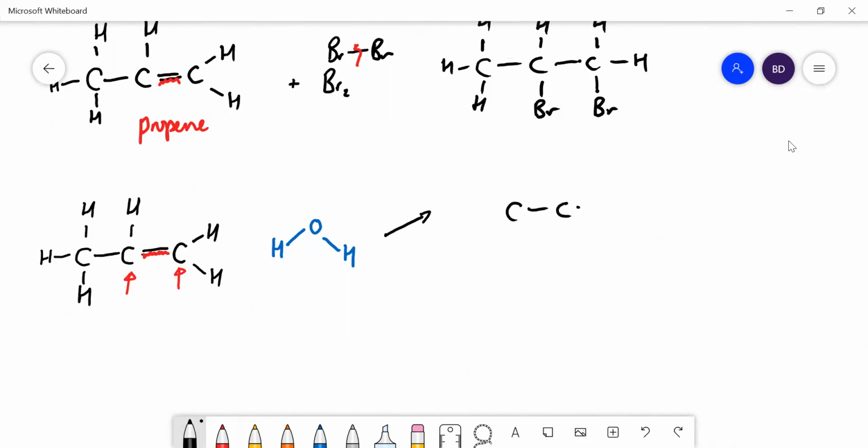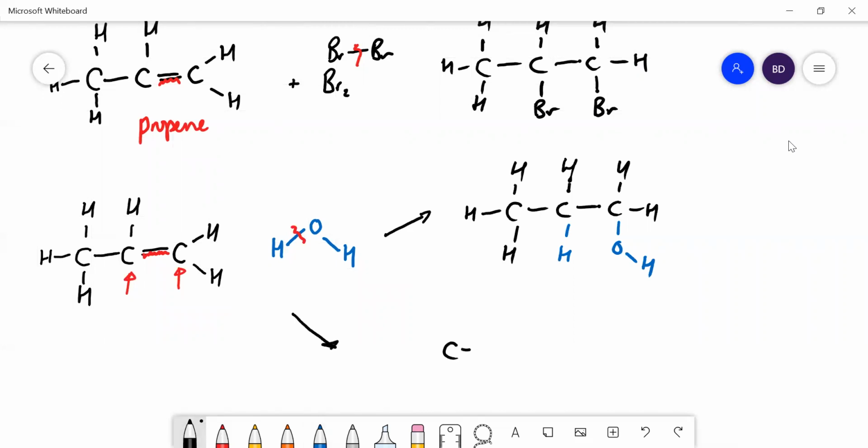First of all, we're going to break the double bond, so that goes. Now it could happen that we stick the hydrogen onto here, and the OH bit from the water, because we're going to break the bond there, onto the end carbon. That's one possibility, but of course the other possibility is that they could go the other way around.